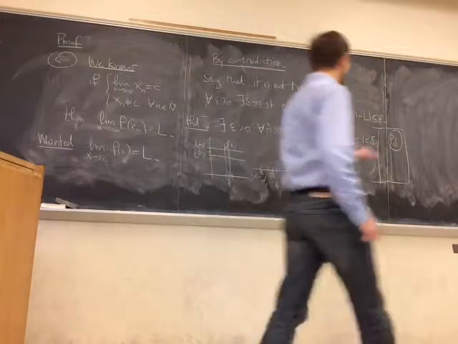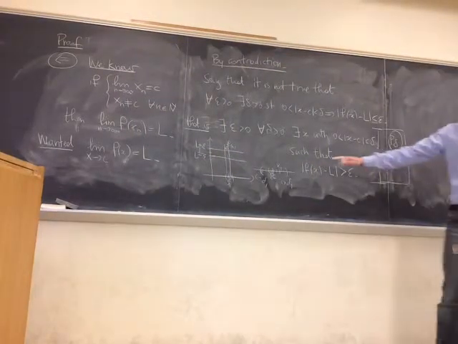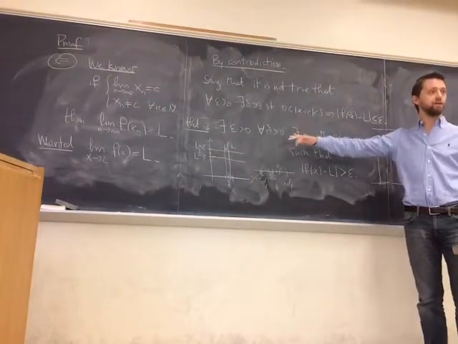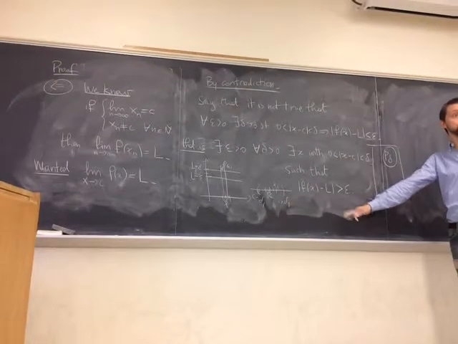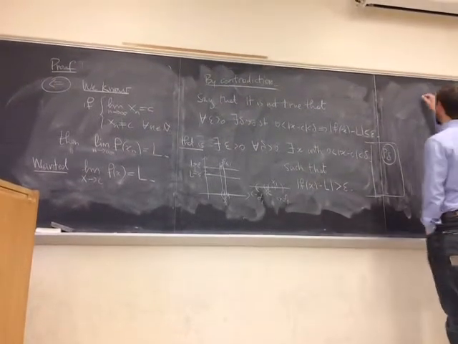Okay, so let's see how we're going to exploit this property delta, the fact that for every delta I can find the point. Let's see how we can use it to do this.